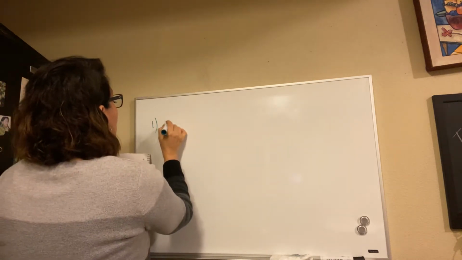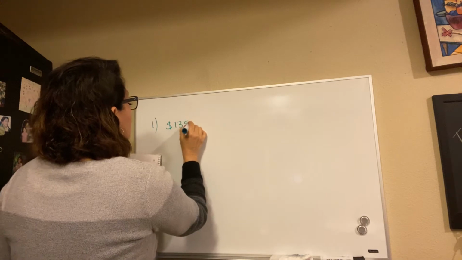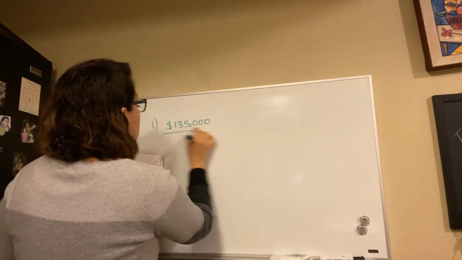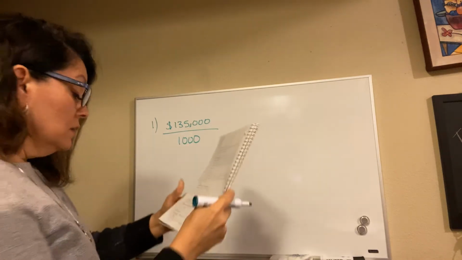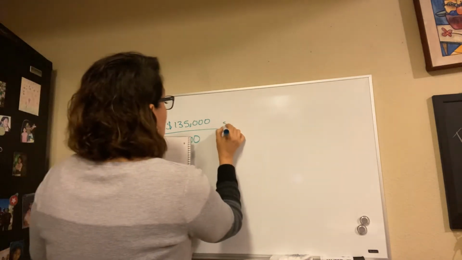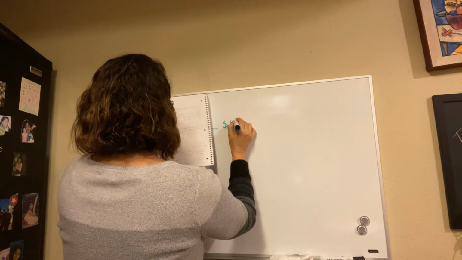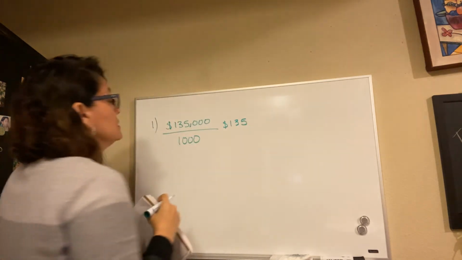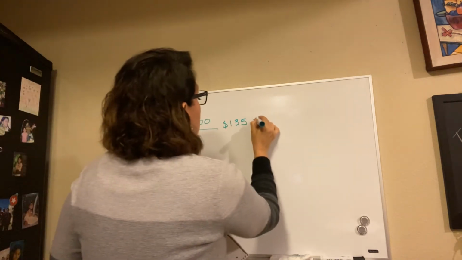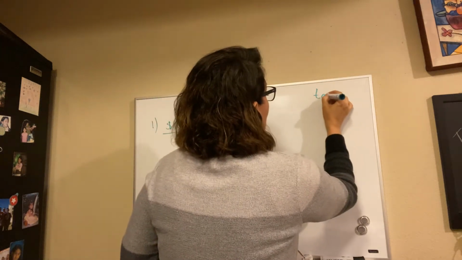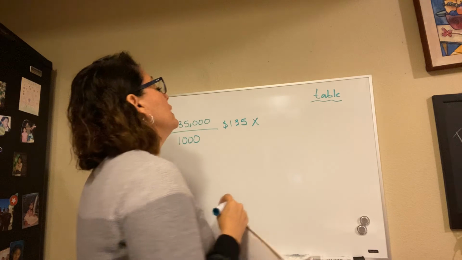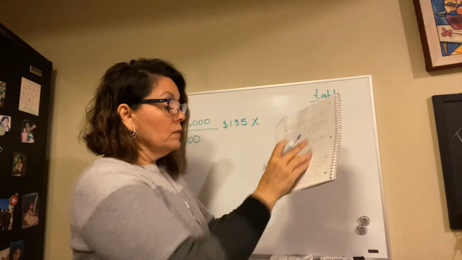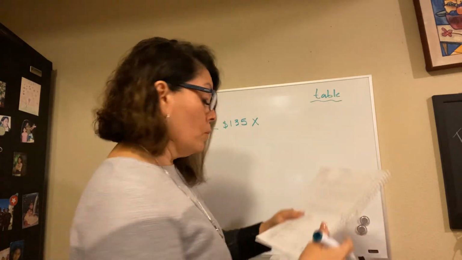They borrow 135,000, and the formula tells me that I have to divide it by 1,000. So which is given to me, it is 135, as easy as that, times the table, that I didn't give to you, but I'm going to give you the numbers for the rest of your homework.